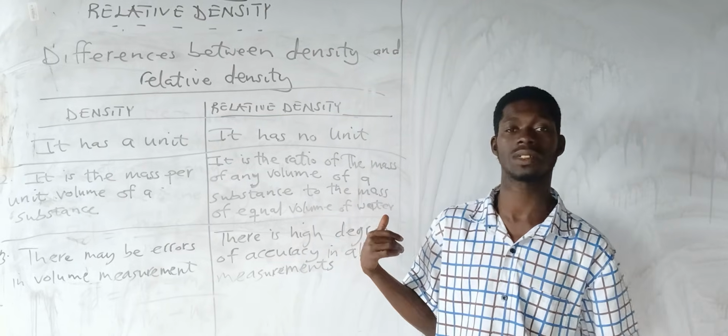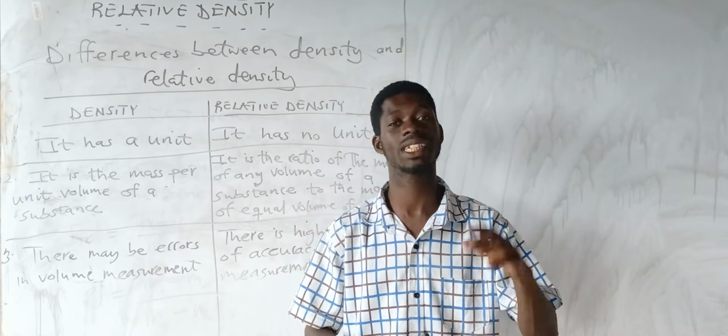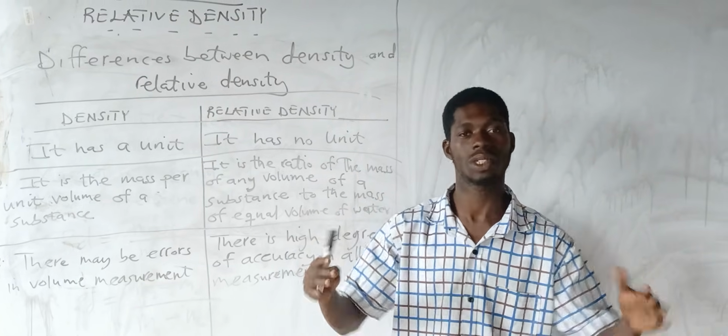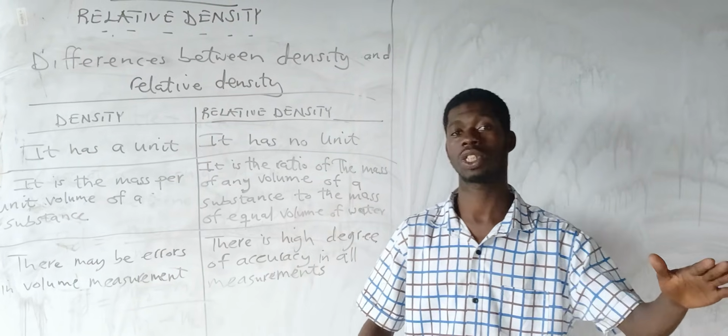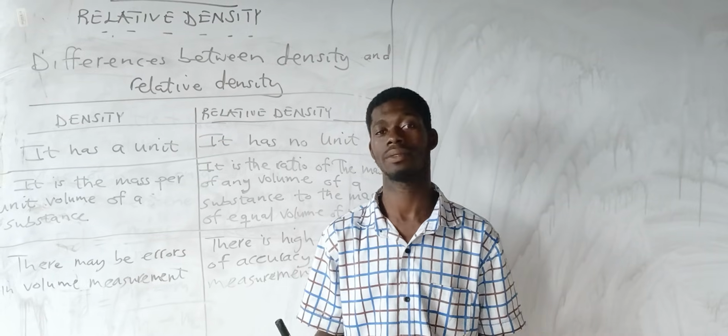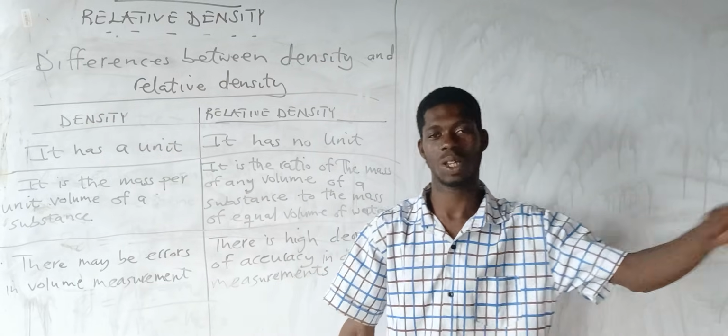But relative density deals with the ratio of the density of a substance to the density of water. So the second one uses their definitions to distinguish between them, and based on their definitions, they are not the same.